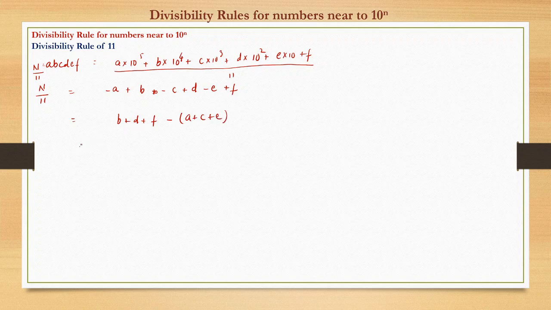So the rule is: start from the right, from the unit digits, and find the alternate sum.